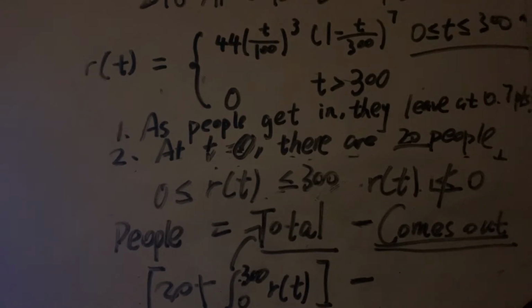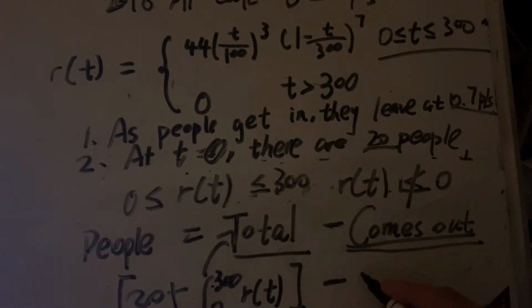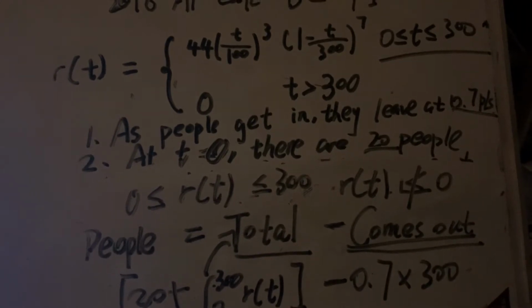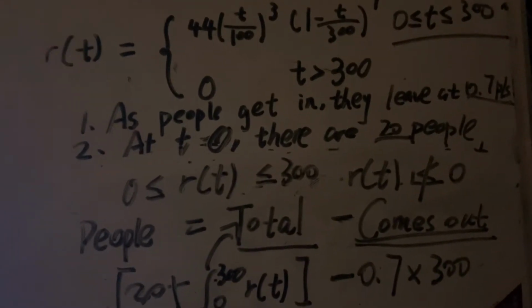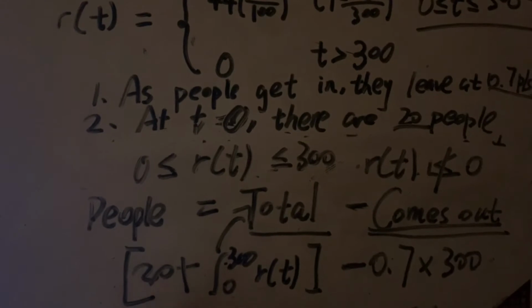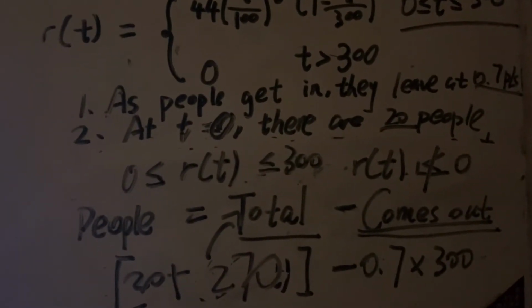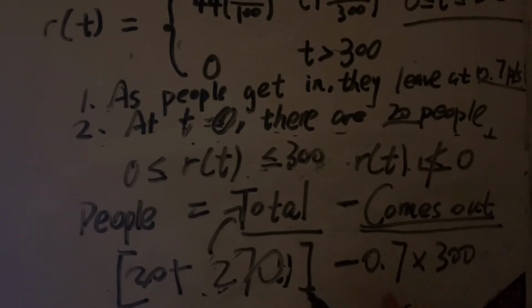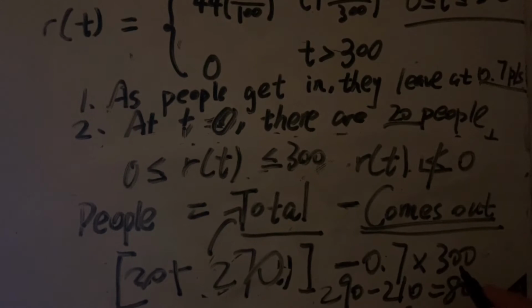People comes out at a rate of 0.7 people per second, so you need to times it by 300. This is generally the equation you need. After you find this, it will be easy. You substitute 270 as the first problem states, like we calculated, it is 270. And then we minus this, which we get 290 minus 210 is 80.